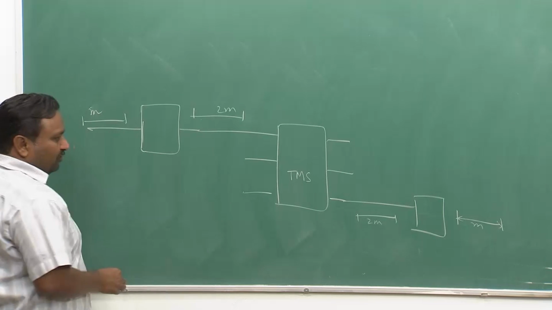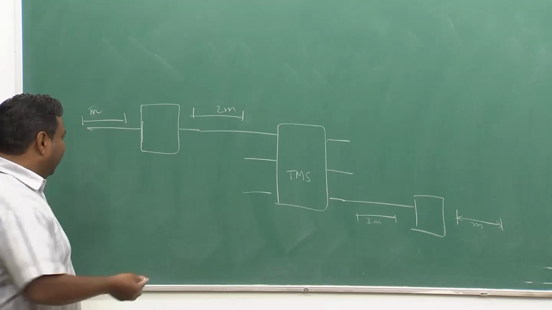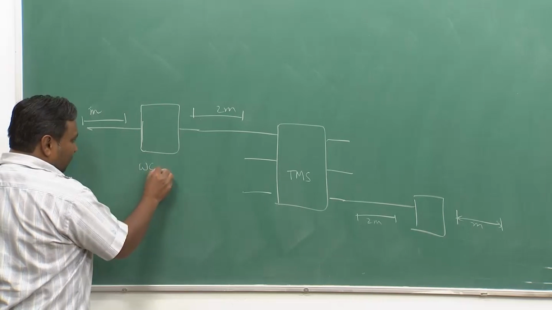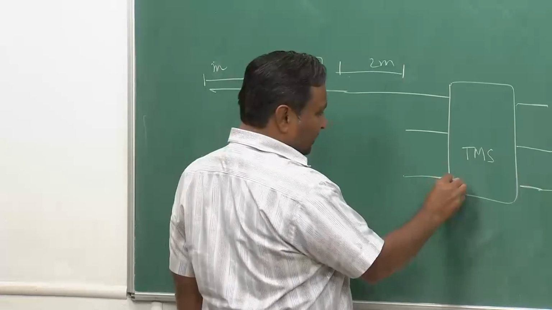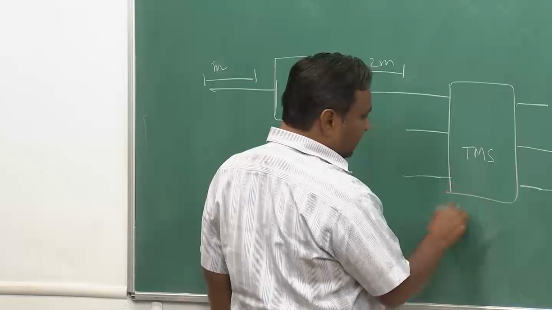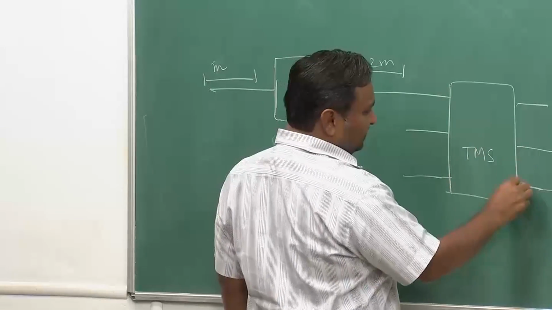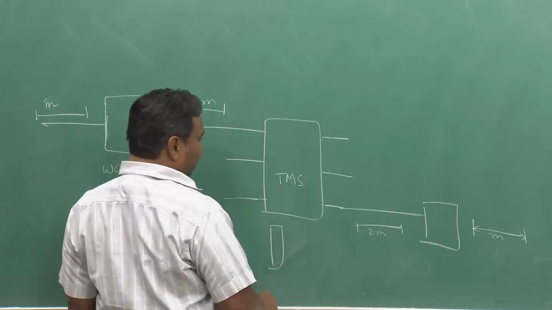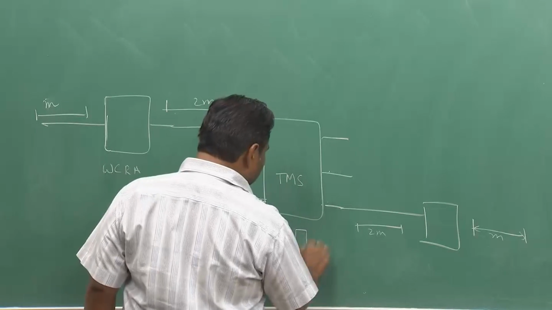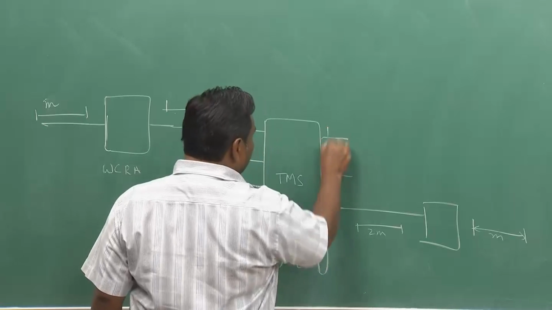Normally, if you want a scenario, you can actually try this out. You can take WCRA here. There is a control memory corresponding to each one of these outputs. Okay. So, you have to write something in that. In this case there will be 3 control memories corresponding to 1, 2 and 3.